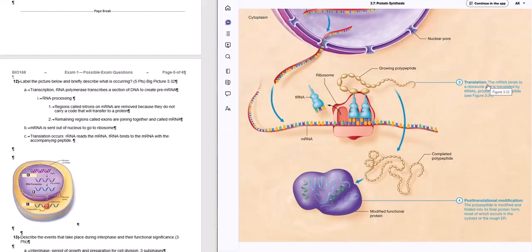And then the messenger RNA is translated by the tRNAs to produce a polypeptide. And then finally, in the cell, you will have the post-translational modifications. A lot of times the Golgi is where this occurs. And that is your big picture of protein synthesis.